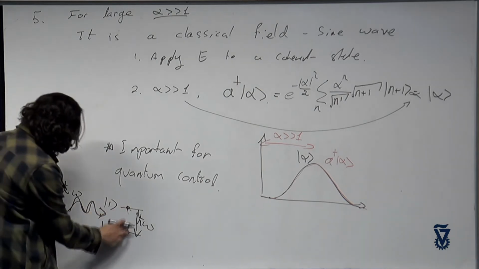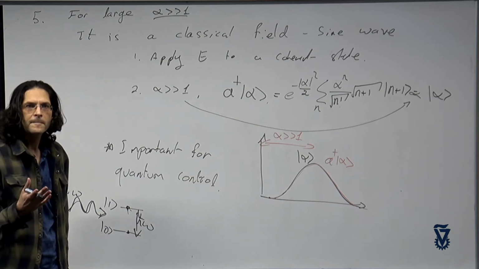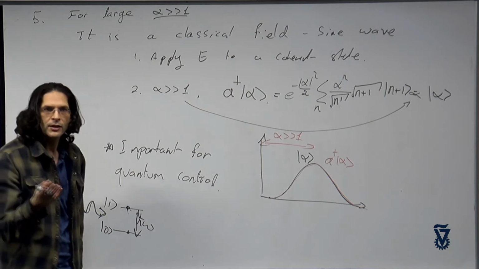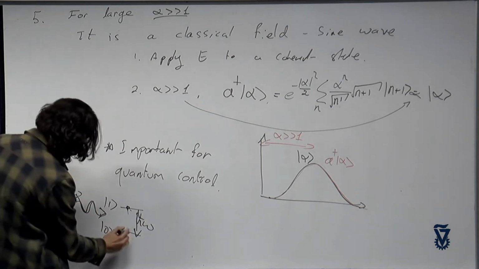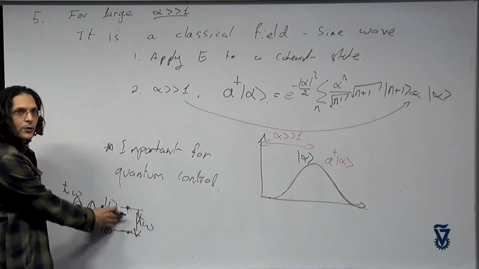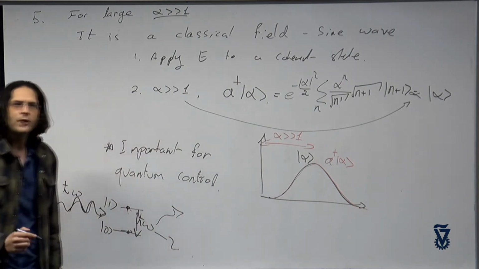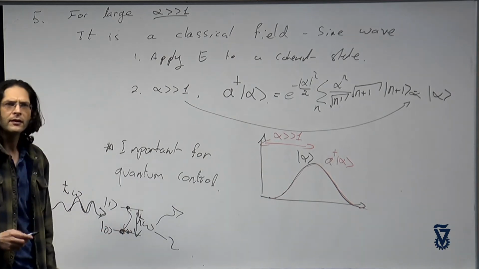If my system is in the excited state, what happens? You get emission. Stimulated emission, you wanted to say. Yeah, stimulated. Basically, the photon comes along, and you get two photons, and you get the transition from here to here.